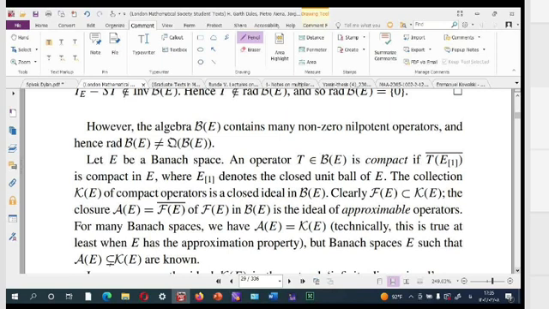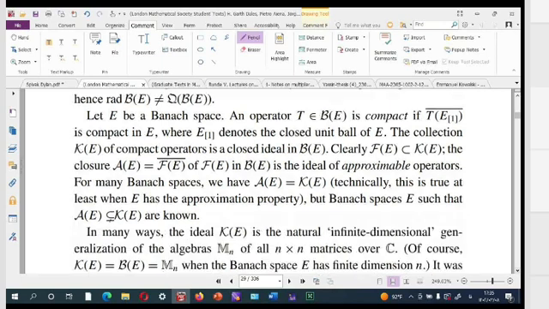And we have the definition of compact operator. Let E be a Banach space, and an operator T in B of E is compact if the closure of the range of E1 is compact, where E1 denotes the closed unit ball of E, okay?